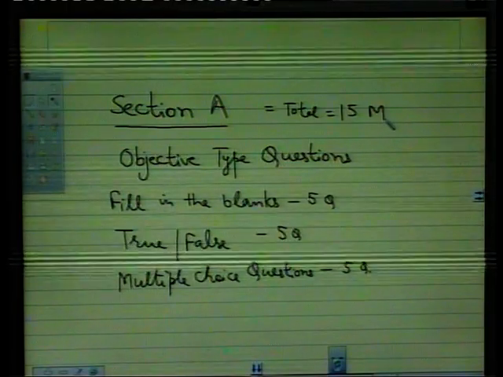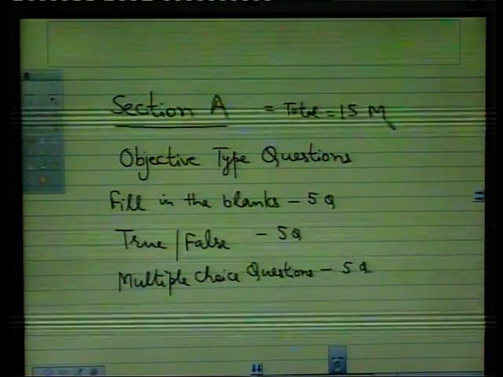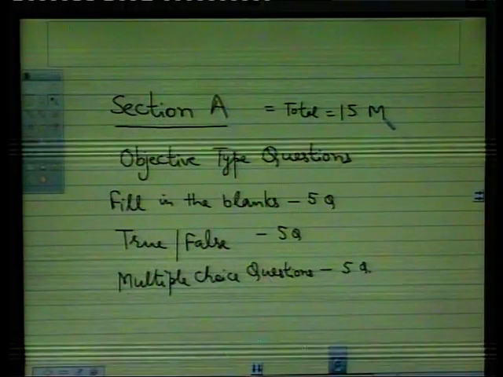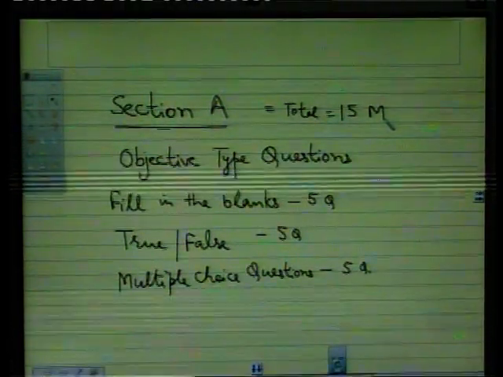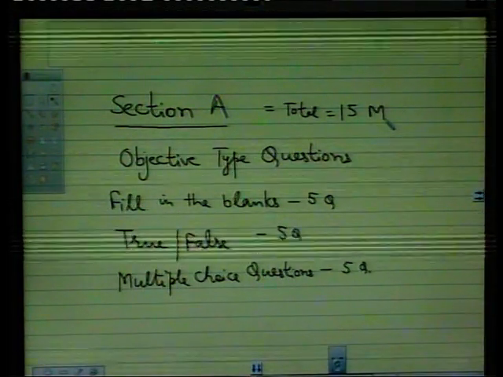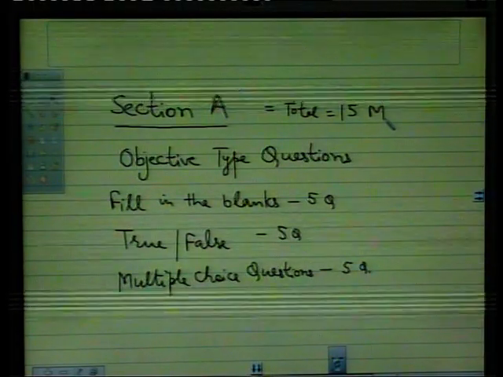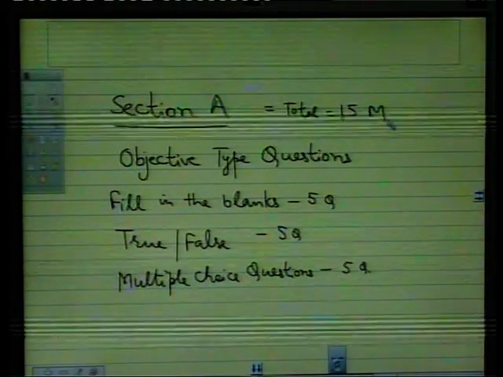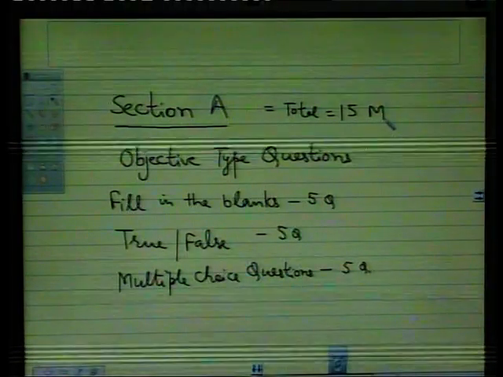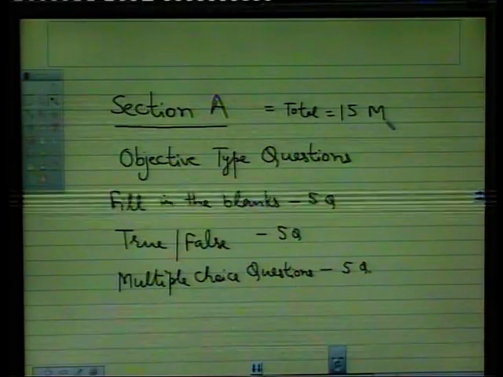So, try to understand all the different types of questions which are asked in section A, and one thing more, you do not rewrite the questions. Most of the students, when the question paper is distributed, start writing these questions, and then they fill the blanks, they write true false, they give answers to the multiple choice questions.